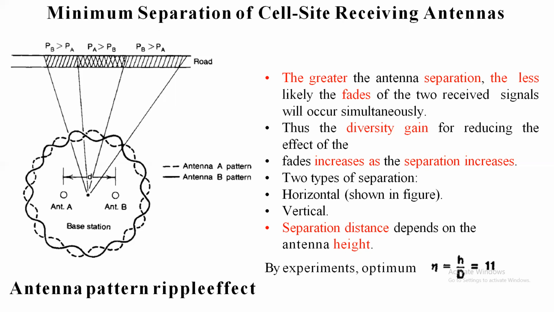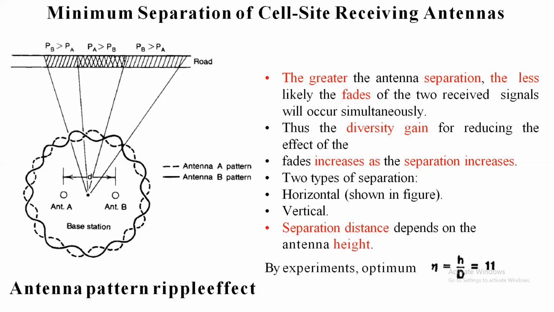While selecting the cell site antennas, these steps have to be followed for better communication. Among these, one of them was minimum separation of cell site receiving antennas, and the other one is regular check of the cell site antenna.